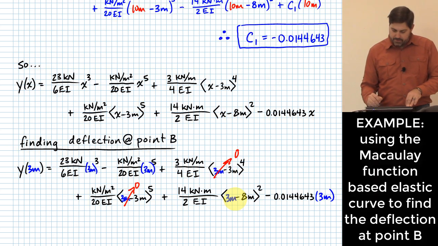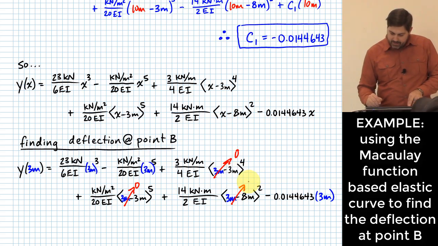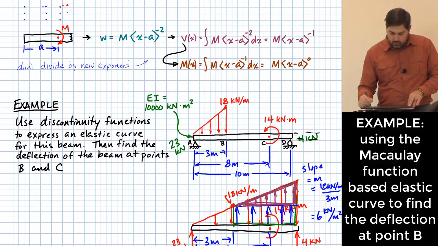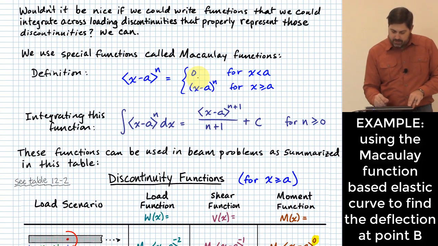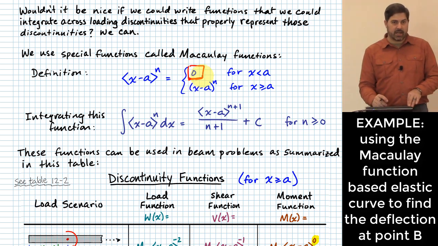What about this term with the 3 meters minus 8 meters? It's 0, but for a different reason. This one is 0 because we go back to the definition of our Macaulay function, and if that x value is less than 8, we're in this first case, as opposed to the second case of the definition of the Macaulay function.